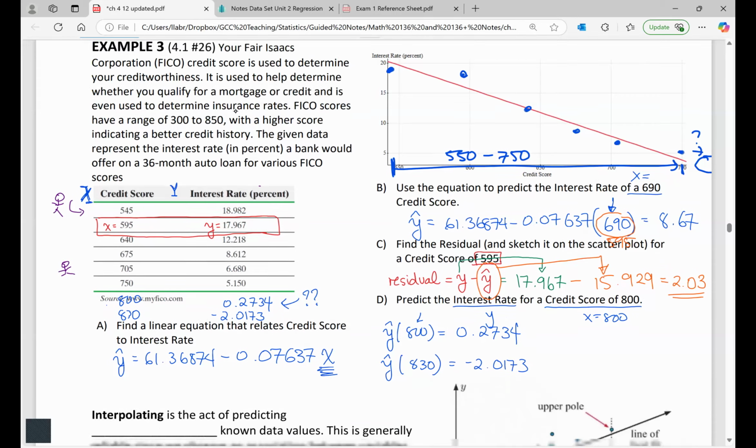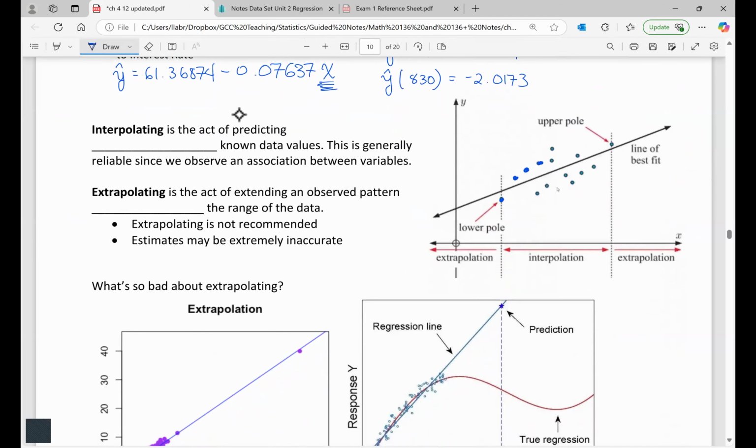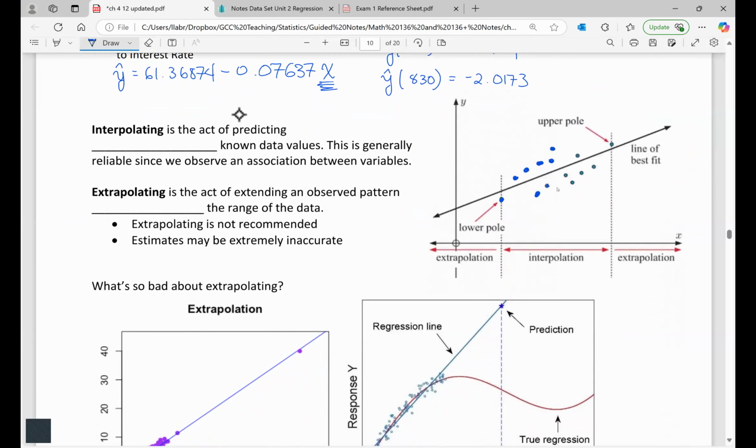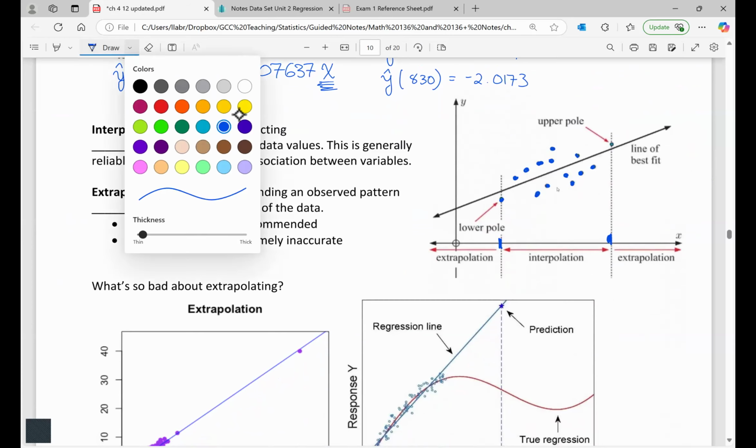The reason for this is whenever you have data that is given over a certain range, you can think of this as the domain of the data or the scope of the data. So from this X value to this X value, that's the quote unquote scope of the data, or scope of the model that we're going to create.